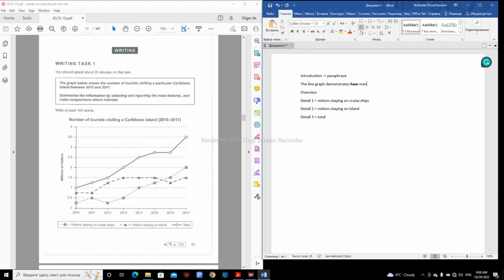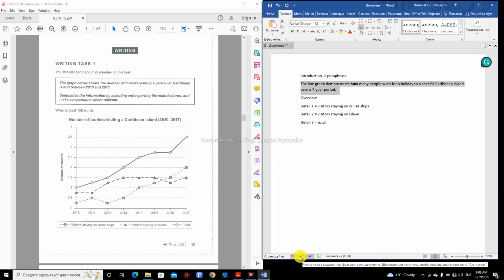In this case, we have how many people made a visit or went for a holiday, for example. The line graph demonstrates how many people went for a holiday to a specific Caribbean island over a 7-year period. So we check how many words we have written so far. We have written about 20 words.